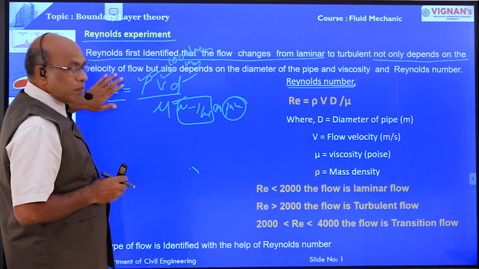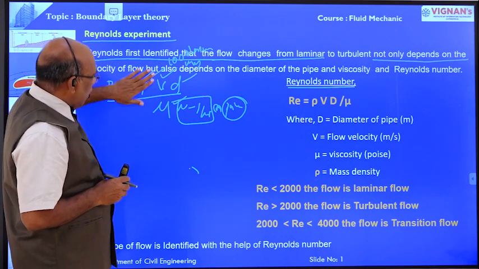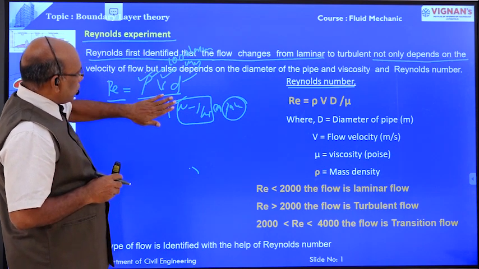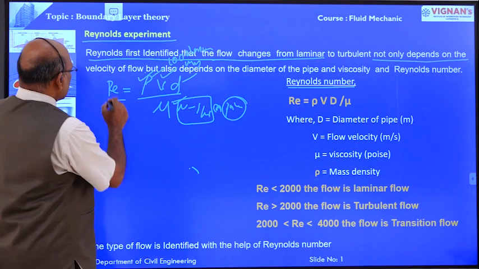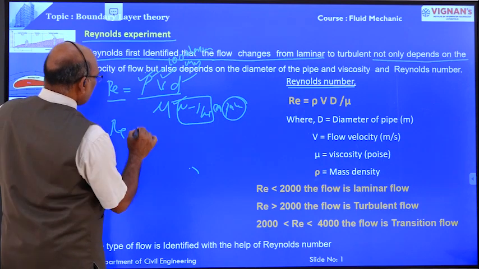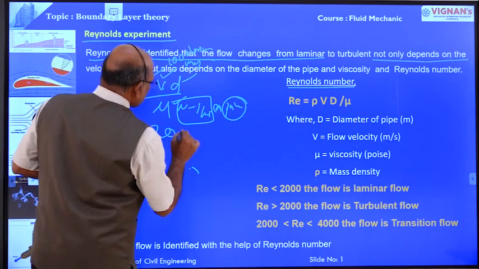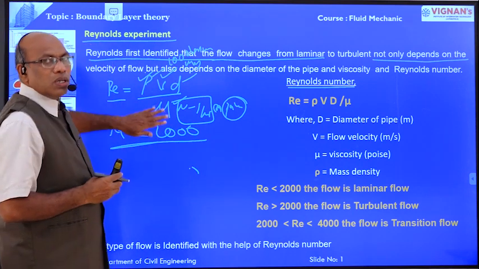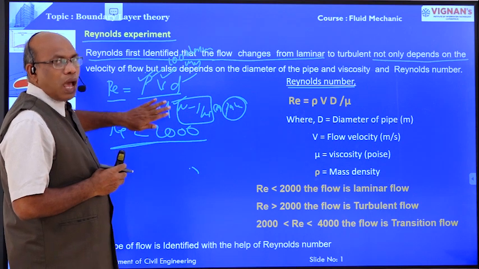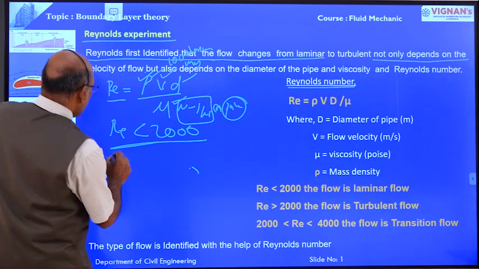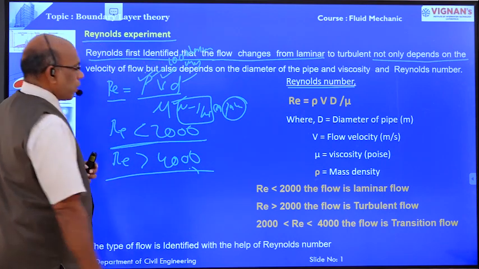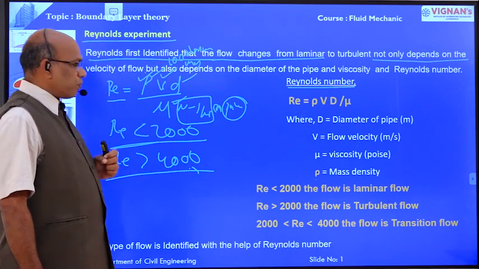Suppose we determine the Reynolds number based on the density, velocity, diameter and viscosity. If the calculated Reynolds number is less than 2000, the flow is known as laminar flow. If the Reynolds number is more than 4000, the type of flow is turbulent flow.